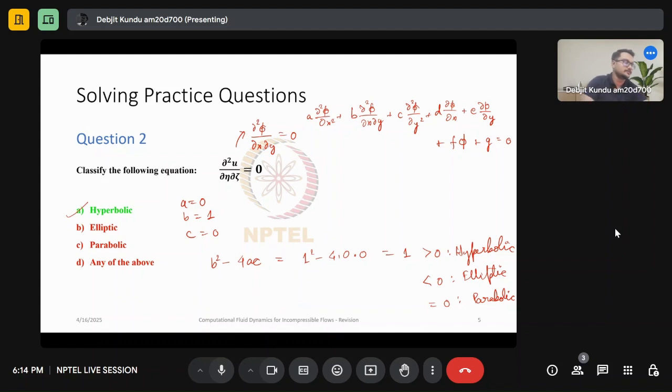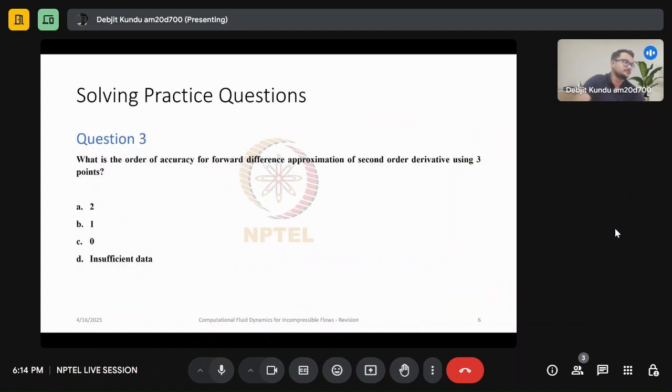Alright, so moving on, we'll move on to question number 3, asking us what is the order of accuracy for forward difference approximation of a second order derivative using 3 points. So there are three important pieces of information given.